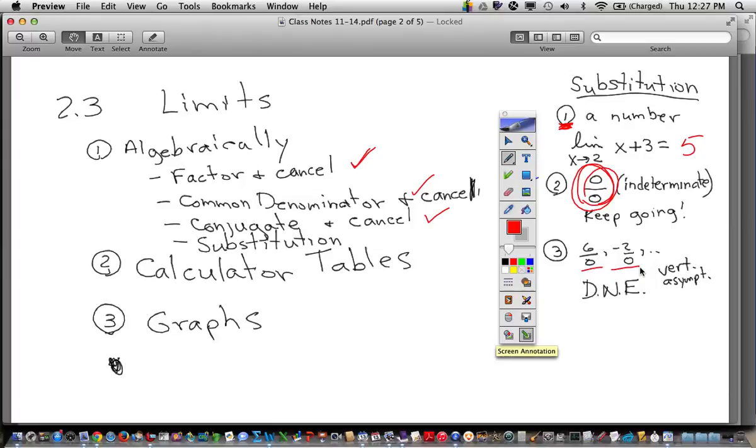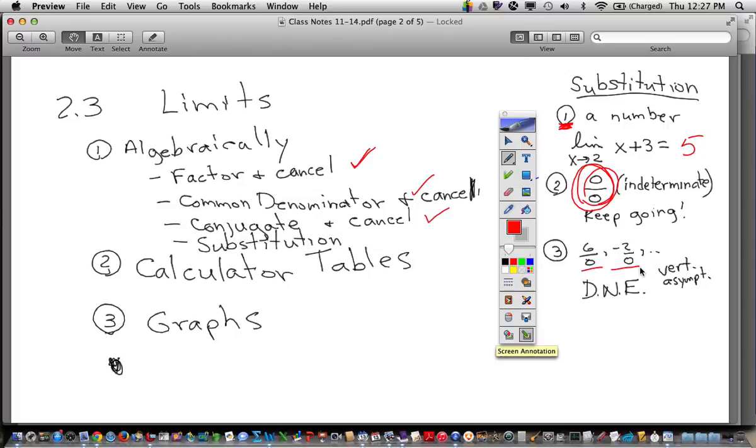It's getting really big, is what's happening. So that's why 6 divided by 0 really means infinity. Because what's really happening is it's 6 divided by something really, really little. And when you divide by something really, really little, you get something really, really big.